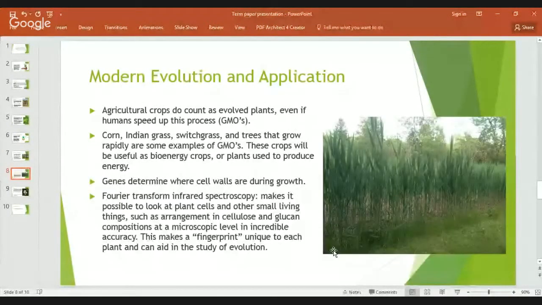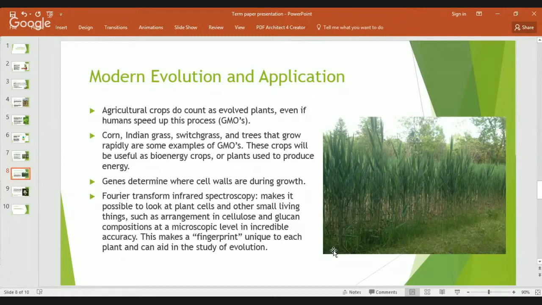This section of my paper, because I think it's interesting, is modern evolution of plants and applications. When you think of modernly evolved plants, you might think of GMOs. GMOs actually aren't bad; it's just selecting certain genes to be put into the next gene pool, and it just speeds up this process.